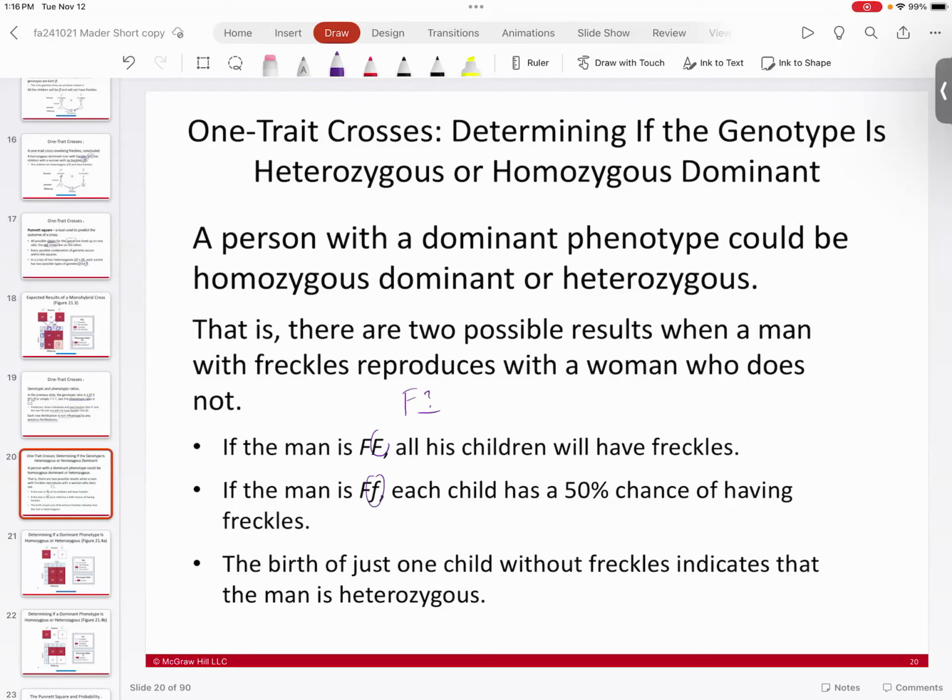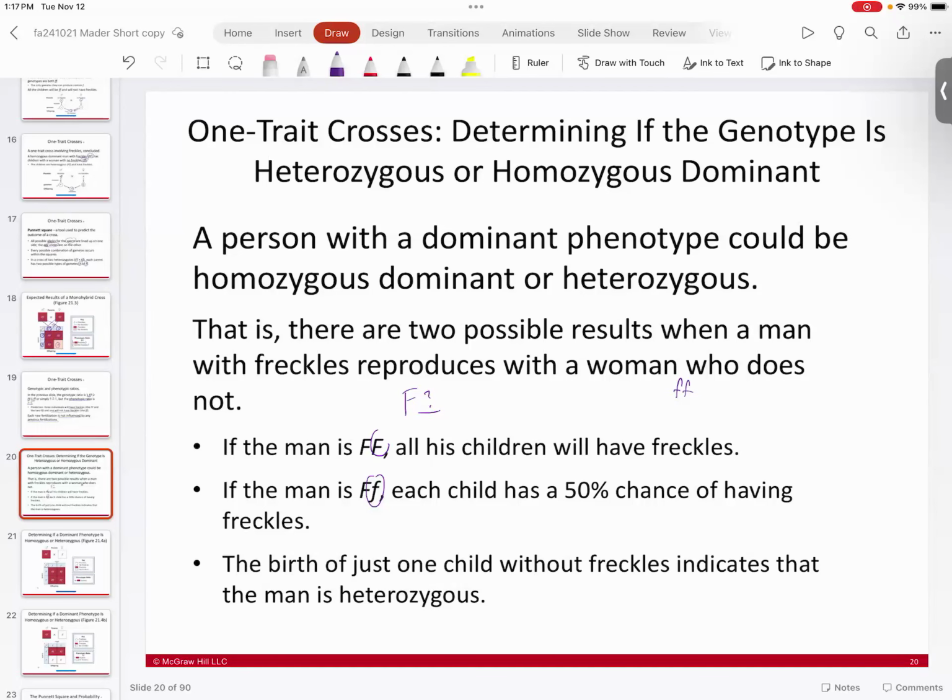And so in the case where an individual with freckles reproduces with a woman who does not, we know the woman's genotype, because a woman who does not have freckles has to be little f, little f.